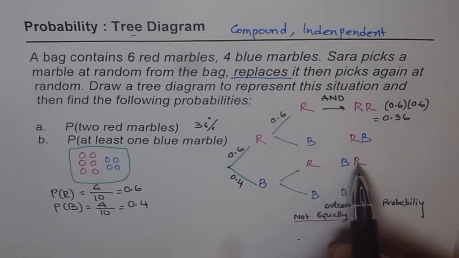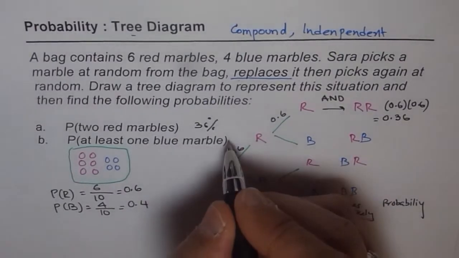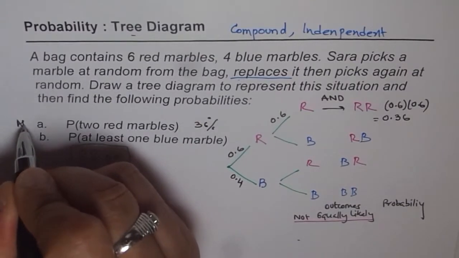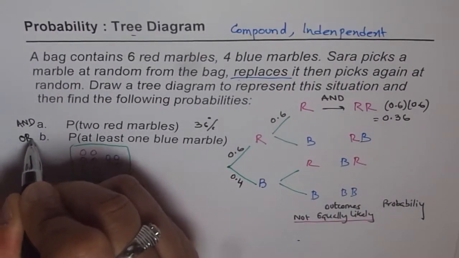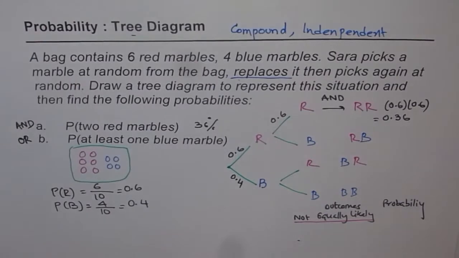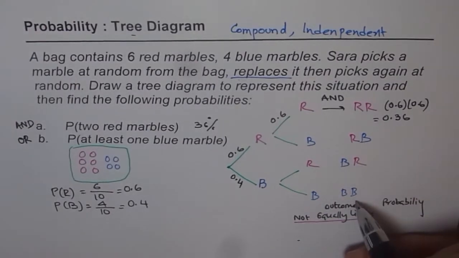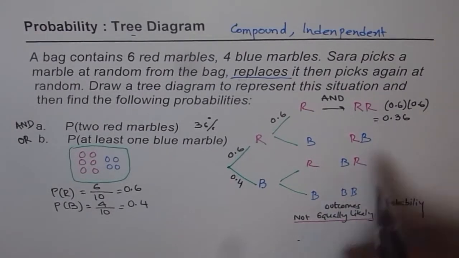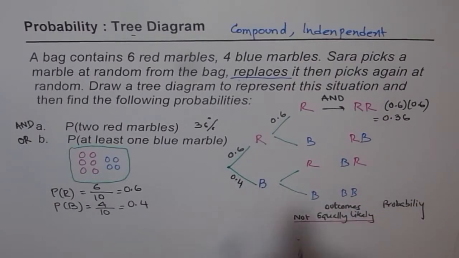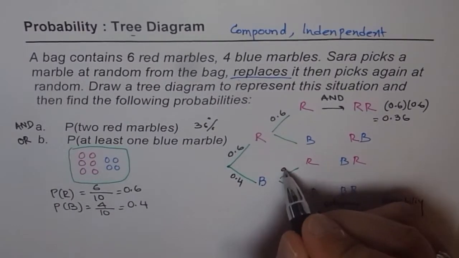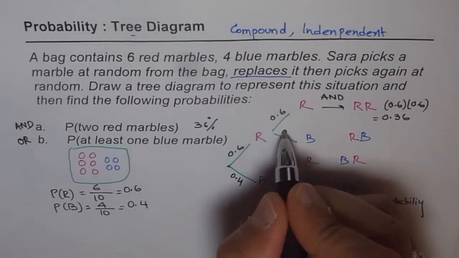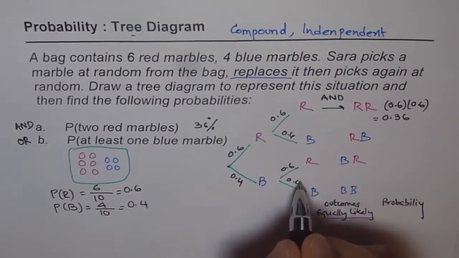At least means combination. So this question is basically OR operations, right? So this is AND operation for us, and this is OR operation, right? At least 1 blue, right? That is what it is. Now that is one way, that is you can multiply these probabilities. And remember, I can just fill this up, 0.6 for getting red and 0.4 for getting blue, right?